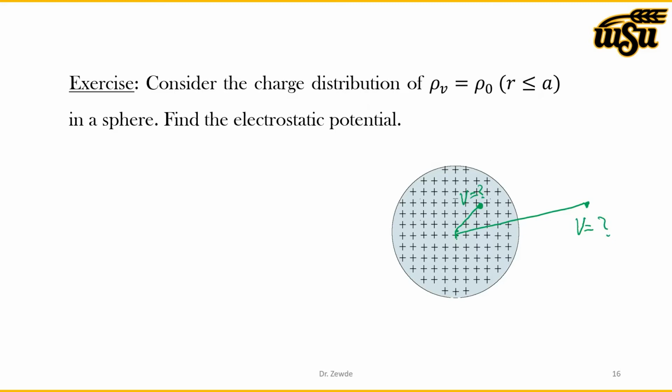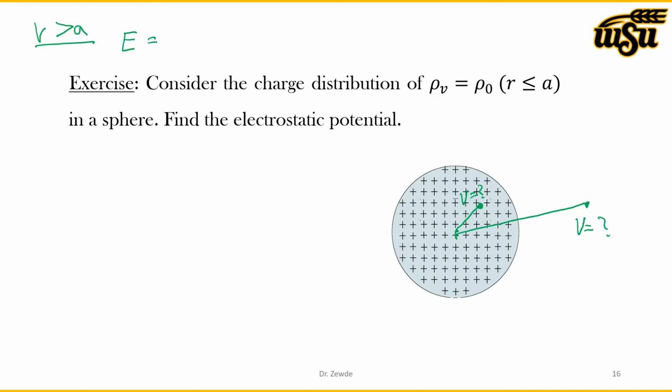Before we solve this, we have to first determine the electric field vectors. For R greater than A, the electric field vector E, we determined that in the first or second session when we discussed electric fields.